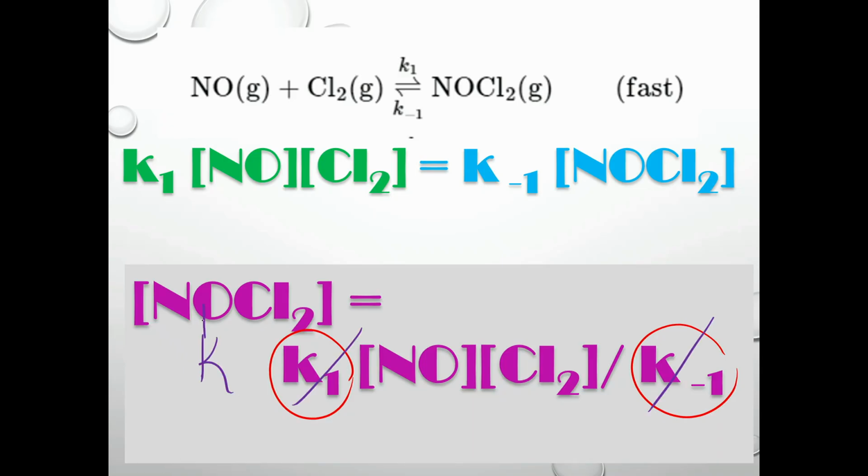So this is how I can say my rate is dependent on a second step, which is slow, which is dependent on an intermediate, but I now know how much the intermediate is because I've allowed the reaction to produce a constant amount of that intermediate. Now, we had to make the assumption that the slow step was slow enough that it allowed the first step to do this. If it doesn't, then there's no way we can solve this.